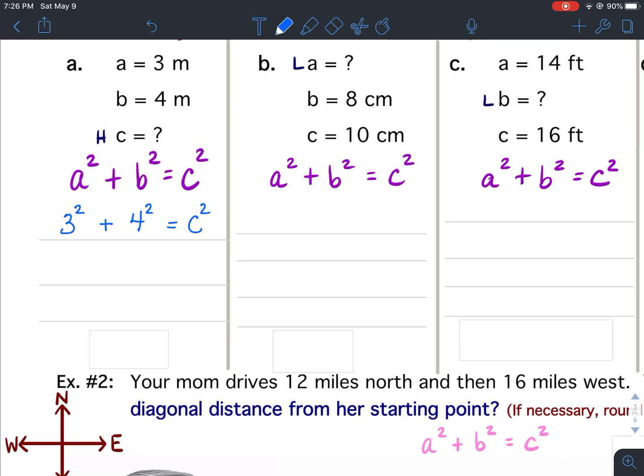Well, go back to what we did way back towards the beginning of the year. This is C squared. When you have a variable that's squared, to get it by itself, the opposite of squaring something is the square root. So what you're going to do is take the square root of both sides. Now, normally I would just take the square root right to that line of work, but I want you to rewrite that line of work one more time. So go ahead and put 3 squared plus 4 squared equals C squared.